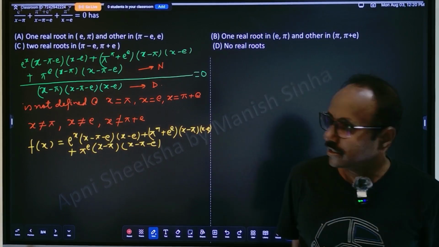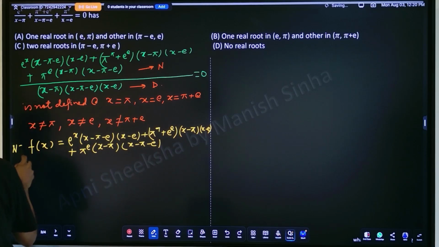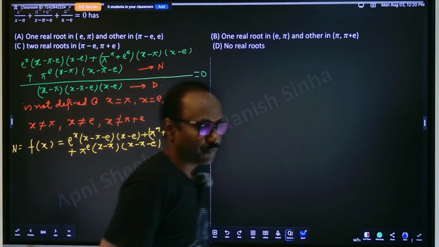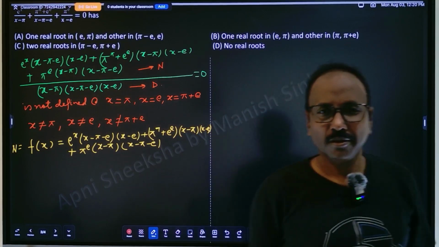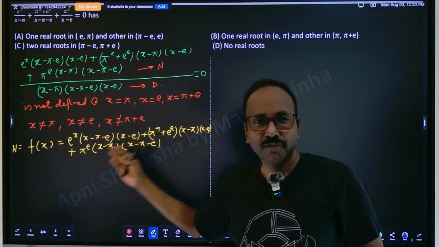So we can write the numerator as f(x), and we try to get the root of this function.